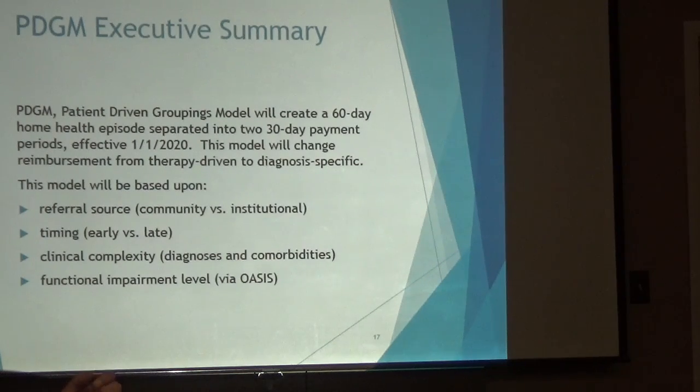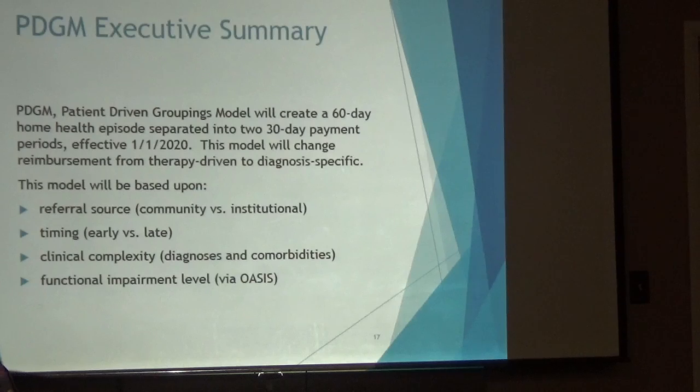So if, Robin, you came into our services, you were discharged, and then 15 days later put back onto service, then that would be considered late, unless you're coming from a hospital. And even then, because there's been an episode within 60 days, it's going to be considered late.